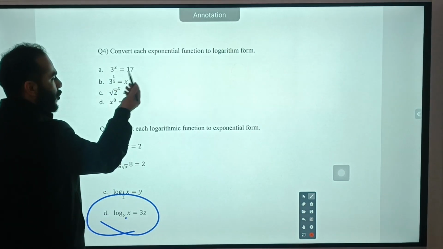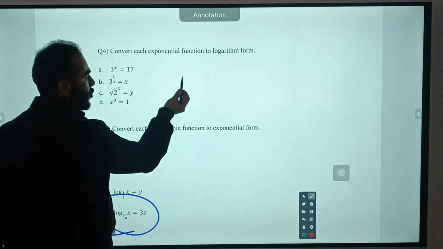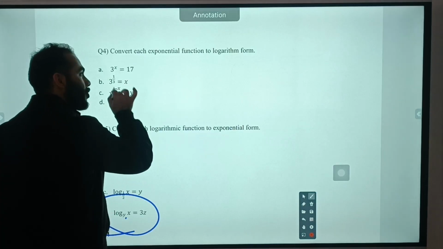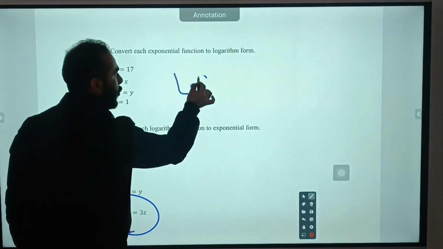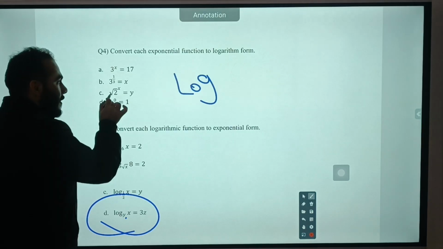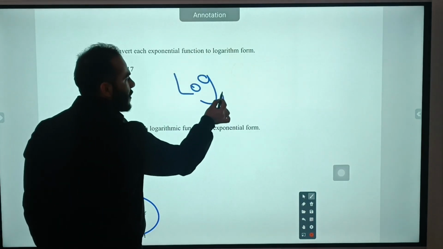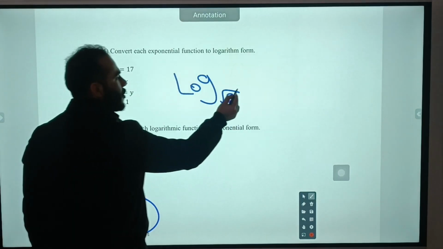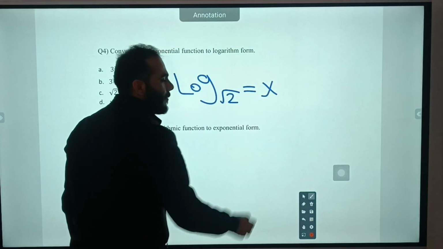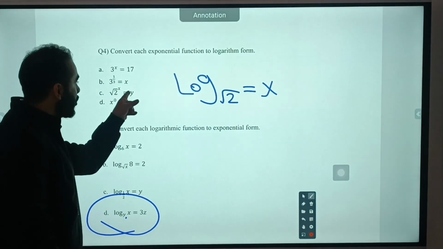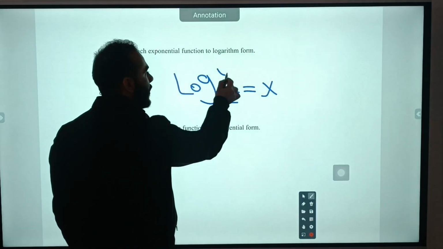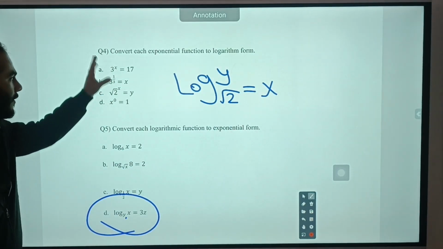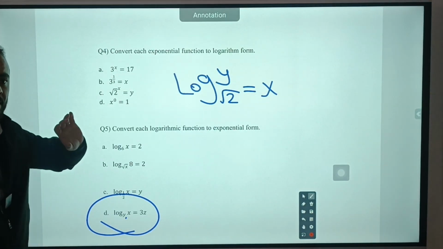So square root of 2 powered by x equals y. It says turn each exponential to logarithm form. So we need to write log first. The base is square root of 2, so the base doesn't change. The exponent here is x, so that exponent will become the result. And the result here is y, so that y will become the argument of the logarithm. Try the others exactly in the same way.